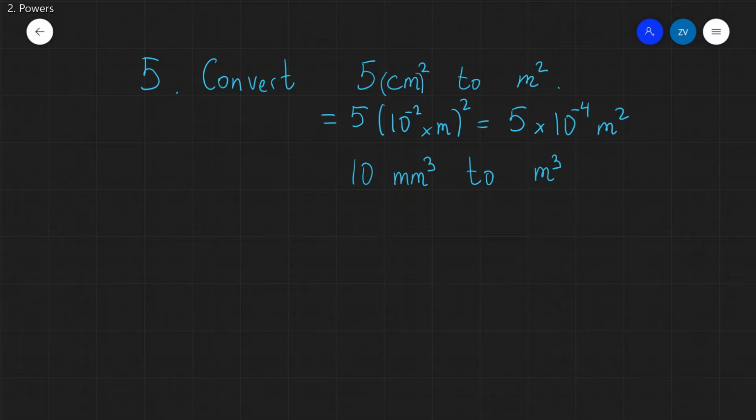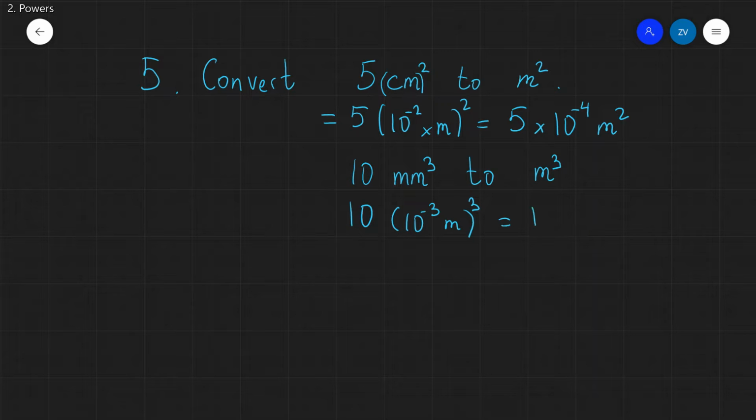We can apply this trick to any power and any prefix. For instance, if we wanted to convert 10 millimeters cubed to meters cubed, what we get is 10. Now milli is 10 to the power of minus 3 meters. So all we need to do is just draw some brackets, convert the prefix to a power, and then cube everything.